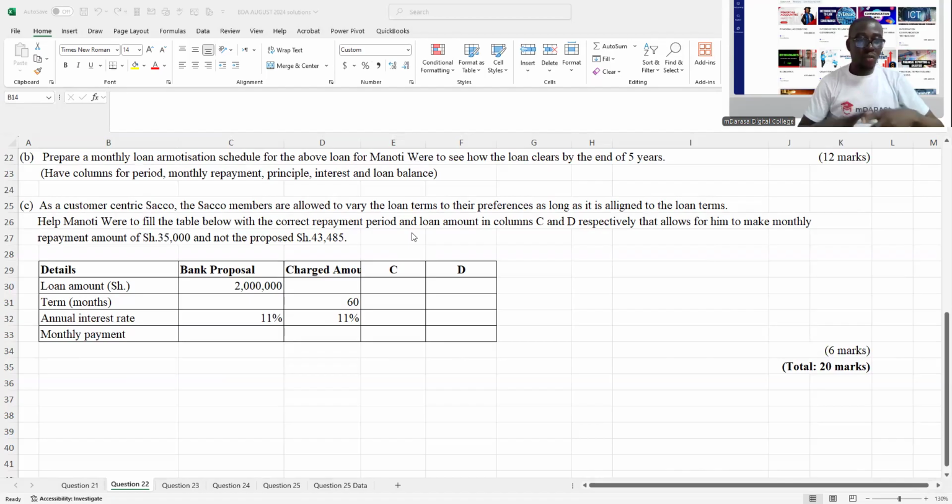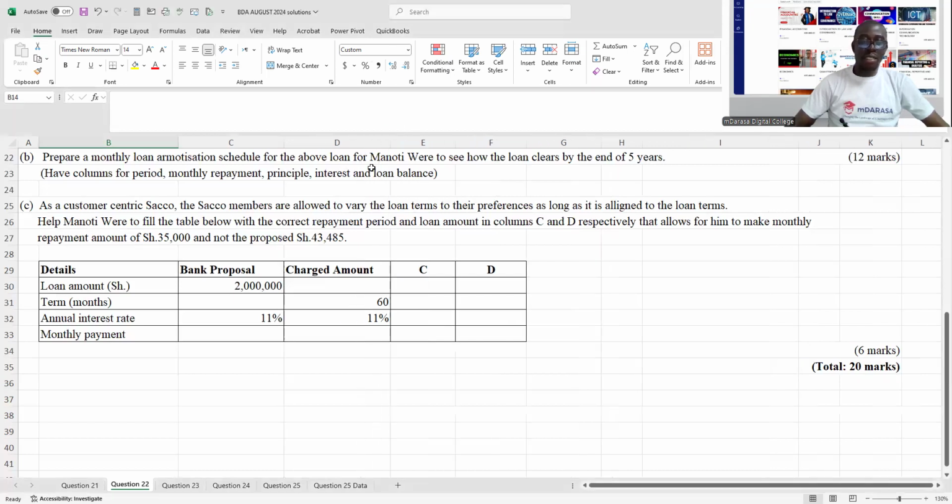Help Manoti Were fill the table below with the correct repayment period and loan amount in columns C and D respectively, that allows him to make a monthly repayment amount of 35,000 and not the proposed value of 43,045. So we need to be flexible, in the sense that I'm not able to manage to raise 43,045, but what I can manage is 35,000.